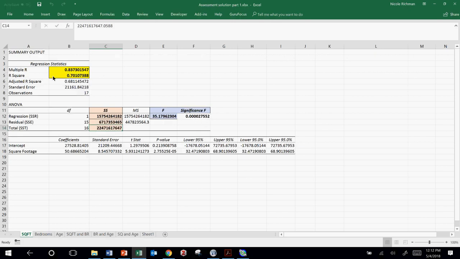And then we have our multiple R and our R squared. So is the 70% of our data, so to speak, in this case, explained by our regression analysis, so that square footage accounts for 70% of the change in price.